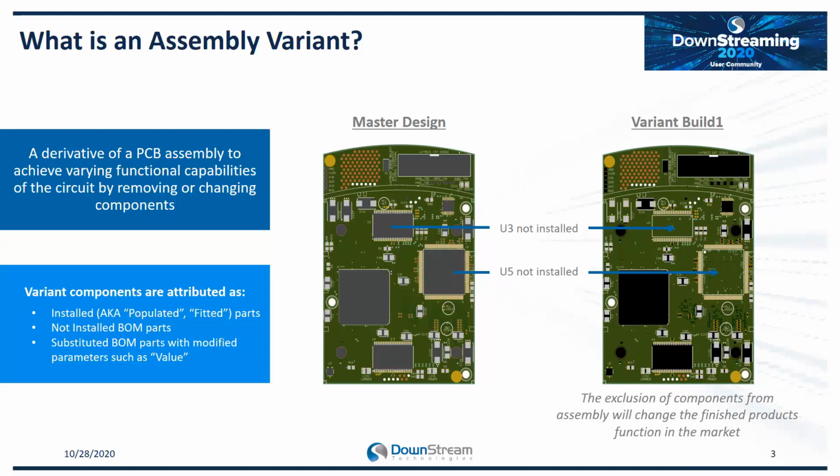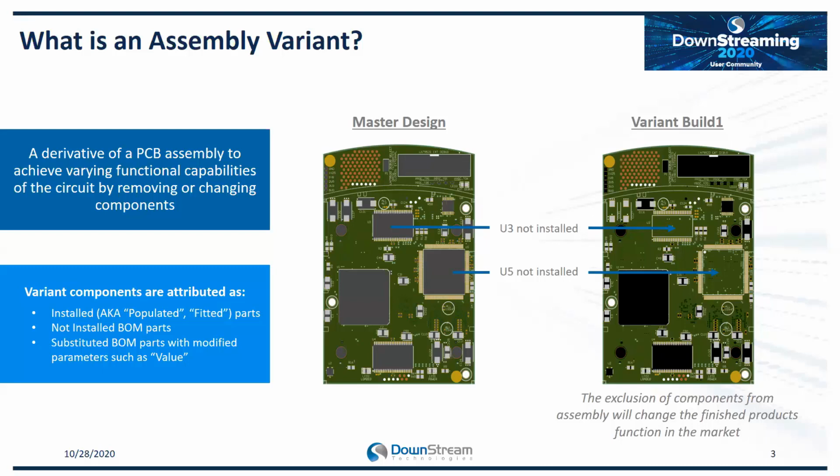Not installed parts, also known as DNI, do not install, or DNP, do not populate, and again, I'm sure there's more terms out there as well. And substituted parts. Substituted parts have the same footprint, but it's a different part with modified parameters or capabilities, such as the value of a capacitor or a resistor, and so on. So that's what we mean when we talk about assembly variants.